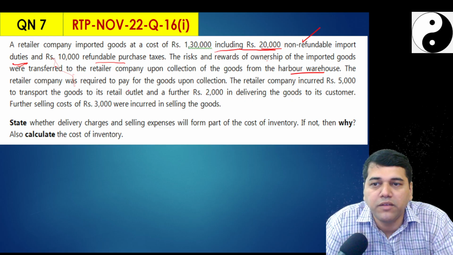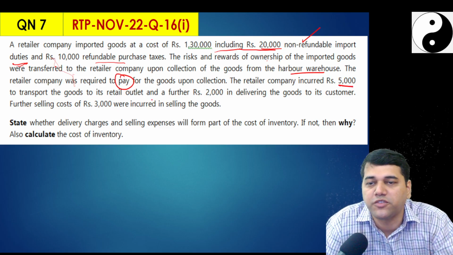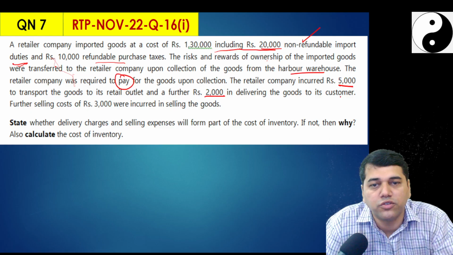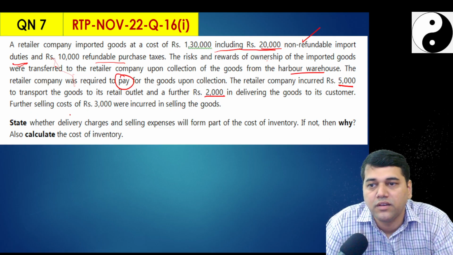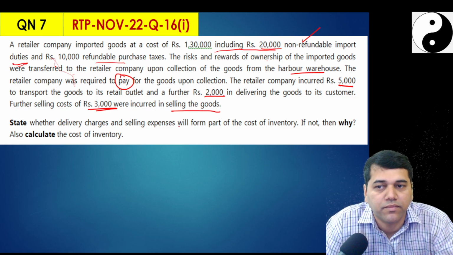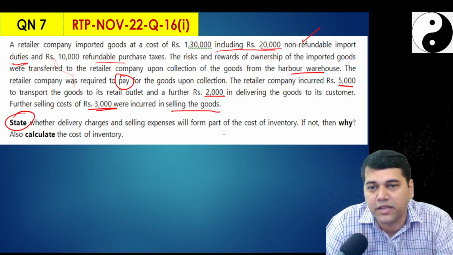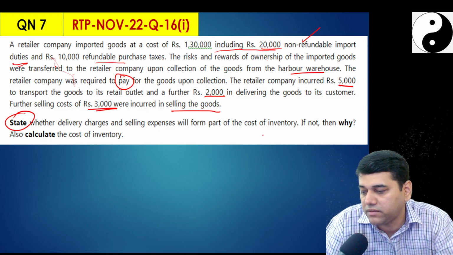The retail company was required to pay for the goods upon collection, and they incurred 5,000 rupees to transport the goods, and a further 2,000 to deliver them to the customer. The selling cost is 3,000 rupees incurred in selling the goods. State whether the delivery charges and selling expenses will form part of the inventory.